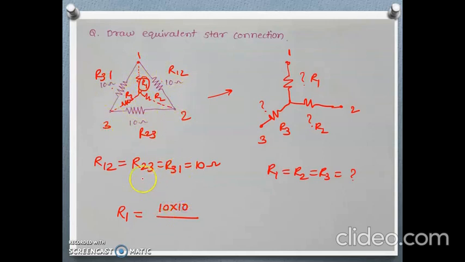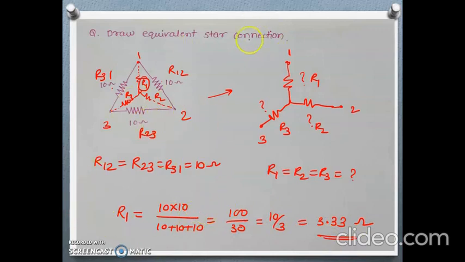The sum of all is 10 plus 10 plus 10, that is 30, so 100 divided by 30 is 10 by 3, which is equal to 3.33 ohm. This will be the required answer.